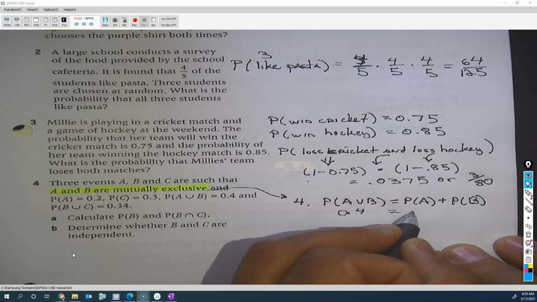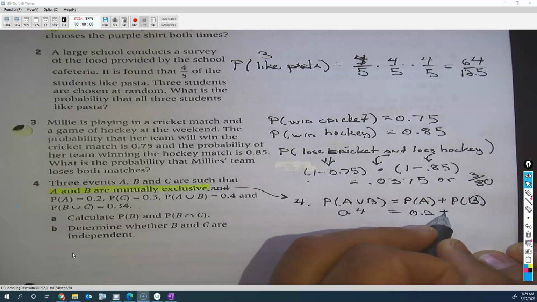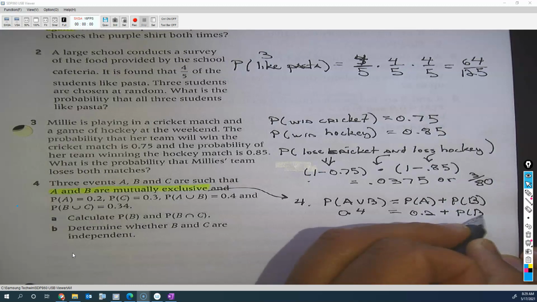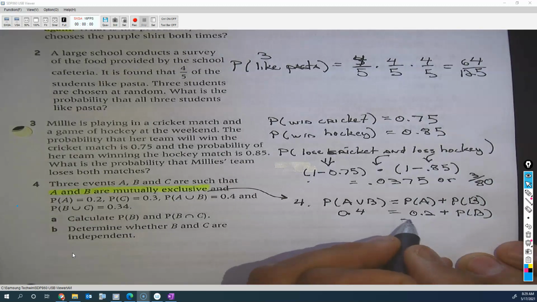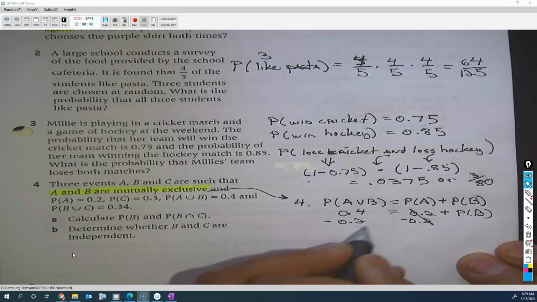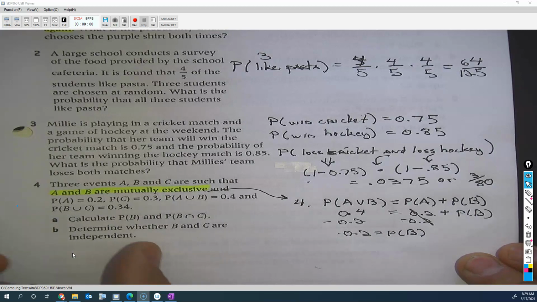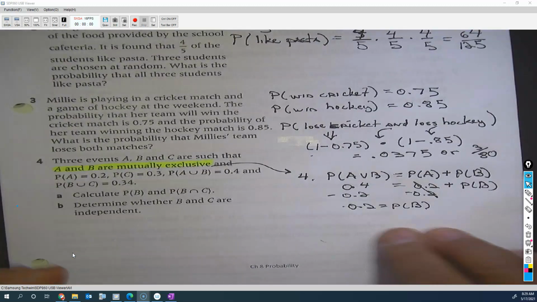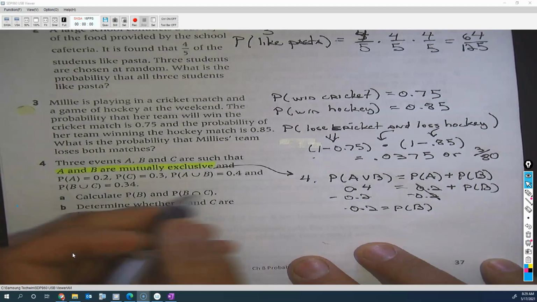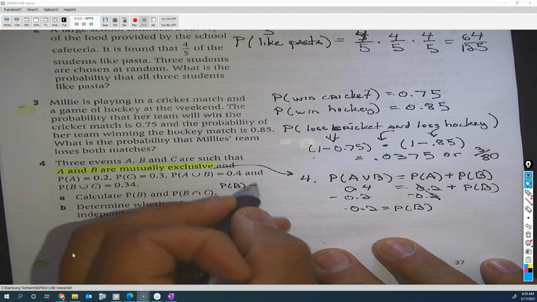We know P of A is 0.2, and we want to find P of B. Minus those two. Okay, so that's P of B equals 0.2.